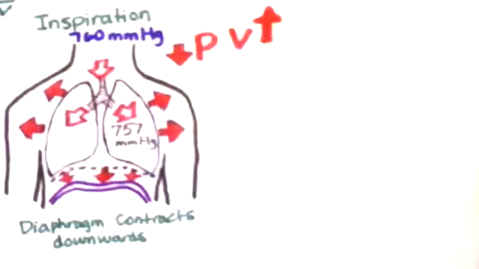And this is called the negative pressure mechanism, which allows for inspiration to occur. So remember, pressure always goes from high to low. Since the pressure in the intrapleural space drops, it causes the air molecules from the outside, from the environment, to move into the lungs, and hence inspiration occurs.